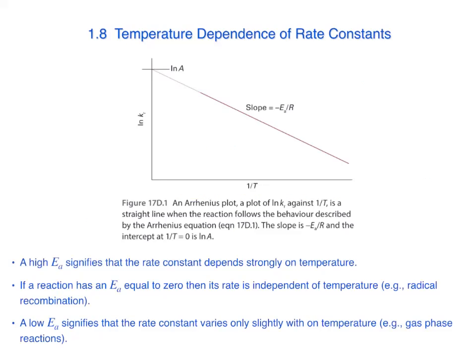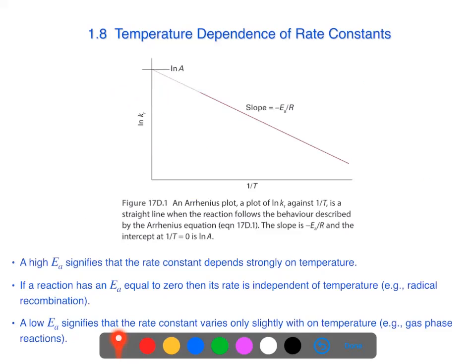So for the Arrhenius plot, once again, the natural logarithm of the rate constant against the inverse of the temperature in Kelvin, if the reaction follows linear Arrhenius behavior, we'll see a slope that represents the activation energy divided by the molar gas constant, and a y-intercept that allows us to determine the pre-exponential factor.